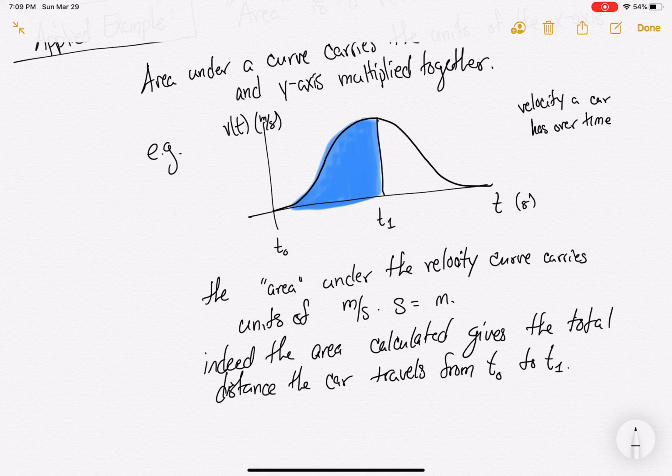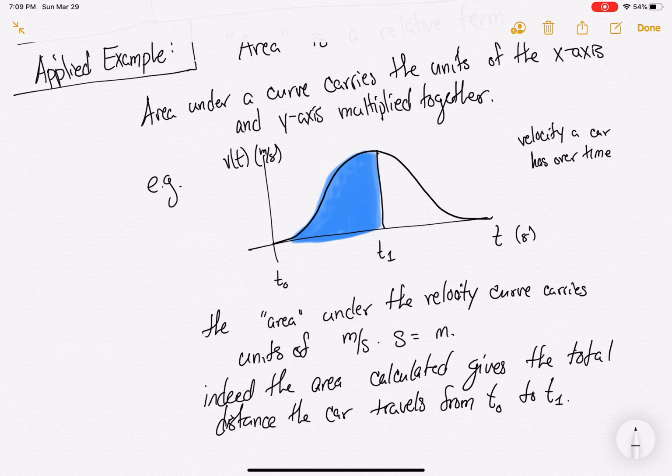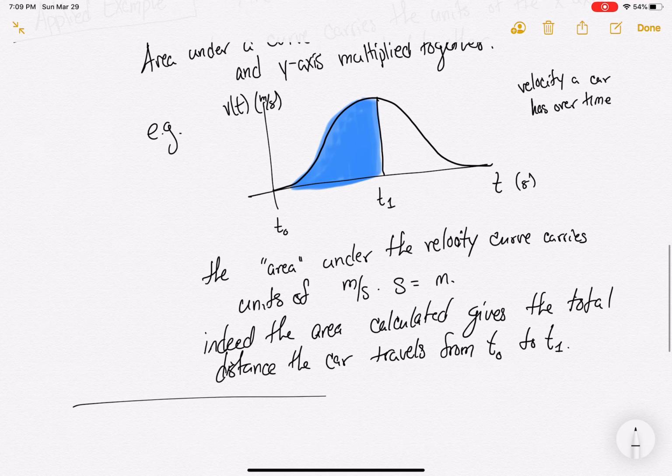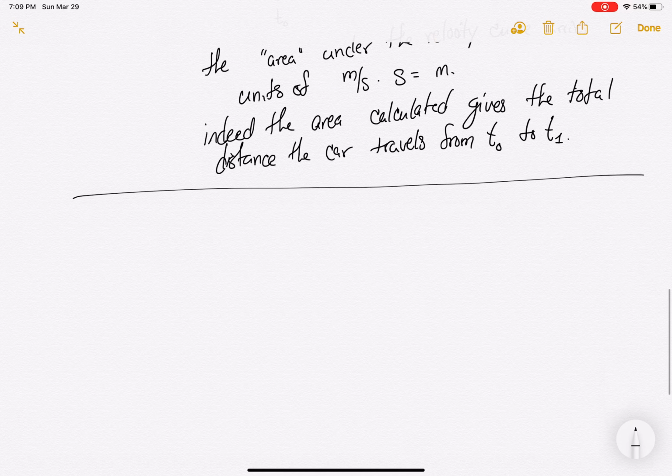That's how we want to think about these applied examples. To a certain extent you're calculating the area under a curve, but really what you're doing is multiplying the units of the y-axis and the x-axis, and that's what you're producing. So I'm going to do that when I bring up the applied example. This is applied example 6 from the book.